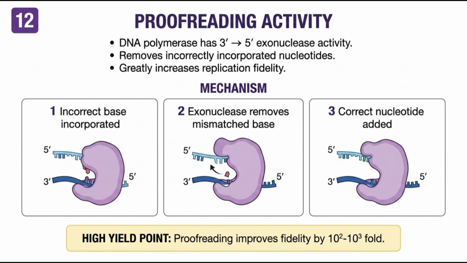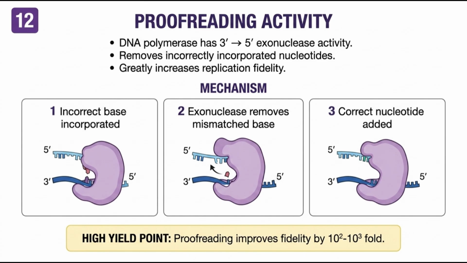Proofreading activity. Proofreading is an extremely important fidelity mechanism. Many DNA polymerases possess 3' to 5' exonuclease activity. When an incorrect nucleotide is inserted, polymerase progression slows, the newly synthesized strand shifts into the exonuclease site, and the incorrect nucleotide is removed.